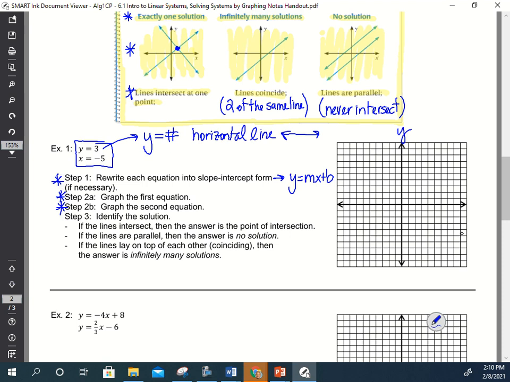Go to the y-axis. Go to where 3 would be. And you draw a horizontal line. So that's y equals.